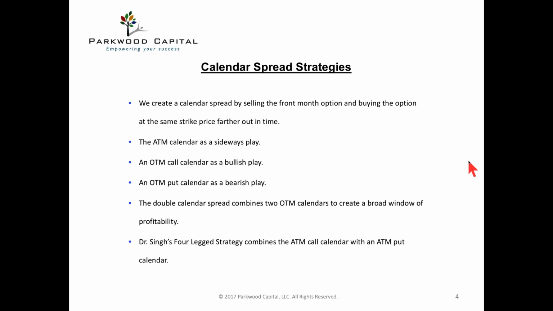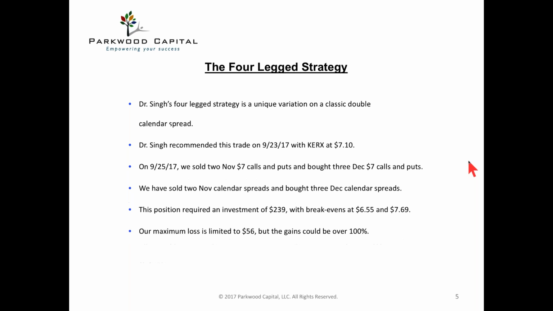We can do the same thing using put options and positioning it down below the stock price. A double calendar spread combines those two trades and gives you a broad window of profitability. In other words, it's still a sideways trade, but it's a broader window that we're profitable within. Now, the four-legged strategy combines an at-the-money call calendar with an at-the-money put calendar. It's truly a unique combination that I'd never seen before.